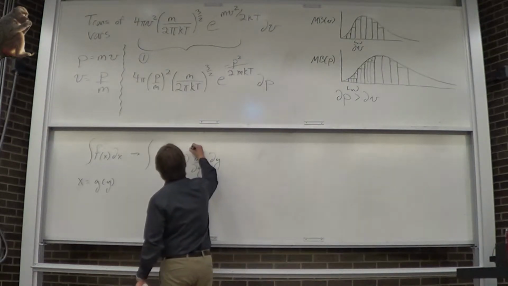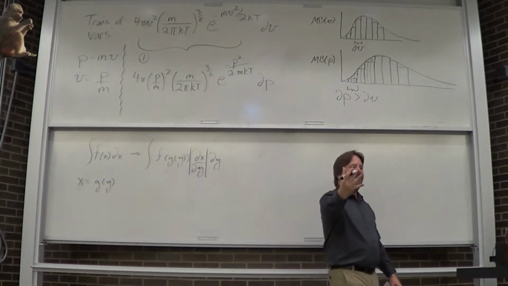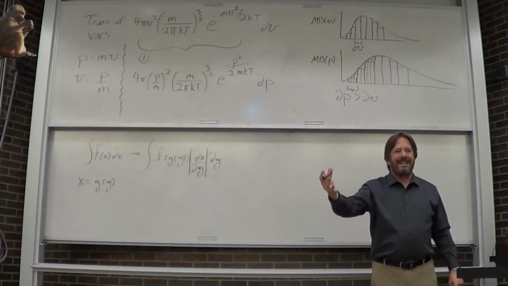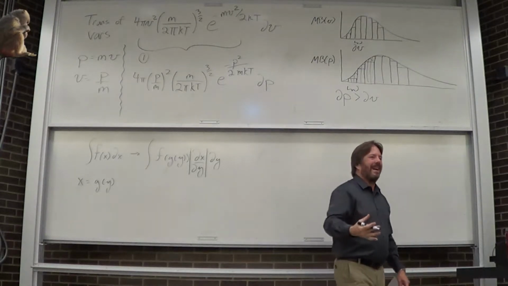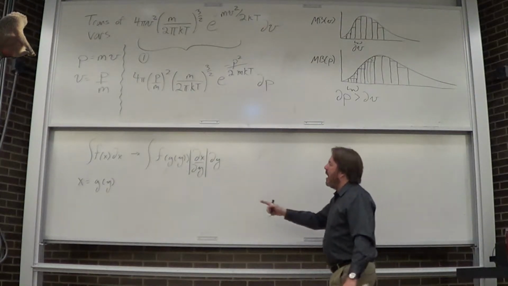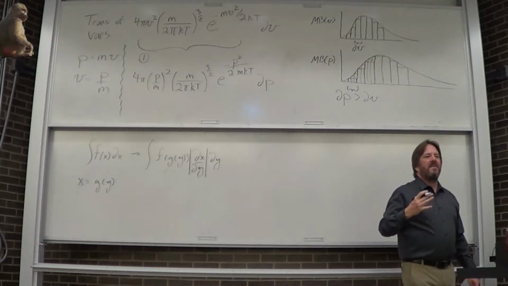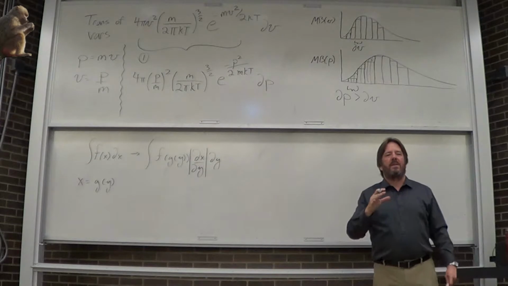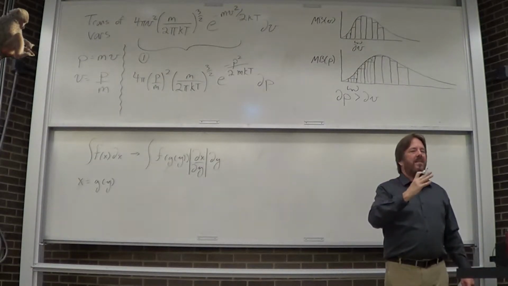This, however, is, and I have two partials on top of each other. What's that? It's a derivative. Right, so derivative, remember you learned derivatives first and integrals second. Derivatives are a little bit easier. There's also an absolute value sign. That's because if the derivative is negative, that's like kind of a mistake. That means that you're running the integral backward. And that's just like a weird accident that you shouldn't let happen.